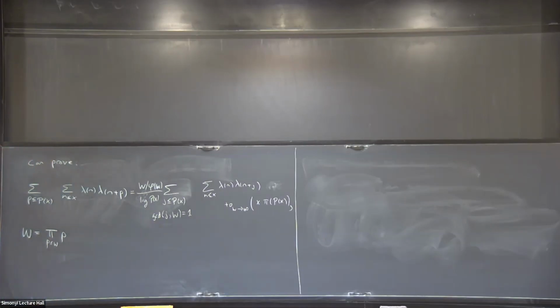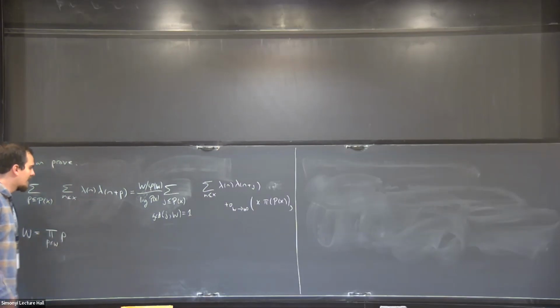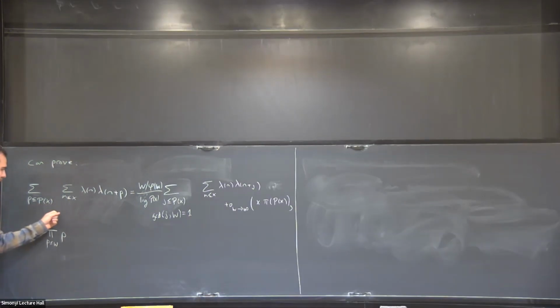But actually, because this is a very simple pattern, a complexity 1 pattern, there's also a simpler, more elementary argument, which is that you use Fourier analysis on this expression. In other words, you use the circle method. You get an exponential sum of the primes, in particular an exponential sum of the Liouville function.